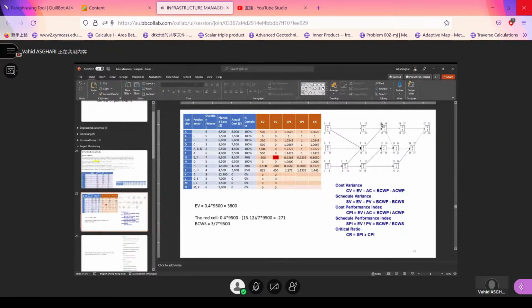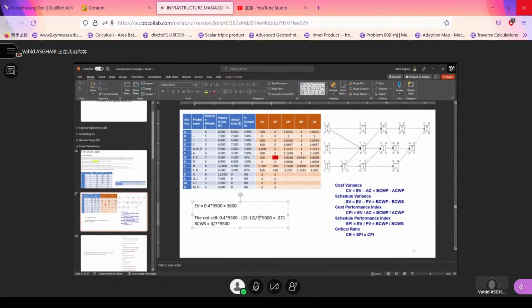It had started at day 12 or week 12, and the duration was 7. So how many weeks are we into activity G? 3, 15 minus 12. And how long was the whole duration? 7.